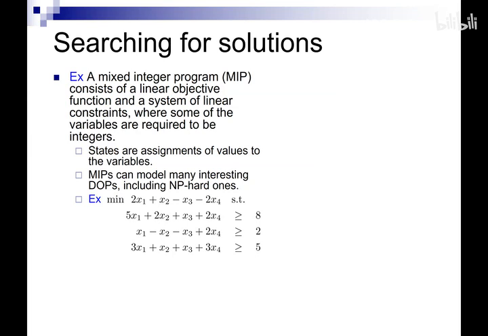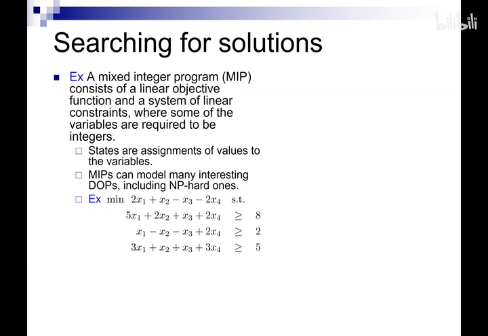Now, linear programming can actually be solved efficiently in polynomial time, polynomial in the number of variables that we have. However, if you require that some of these variables have to be integers, then this problem becomes NP-complete. In fact, you can use these mixed integer programs to model many other NP-complete problems.